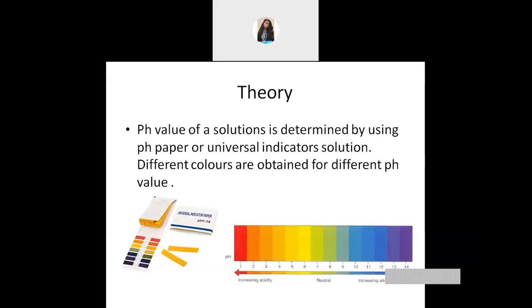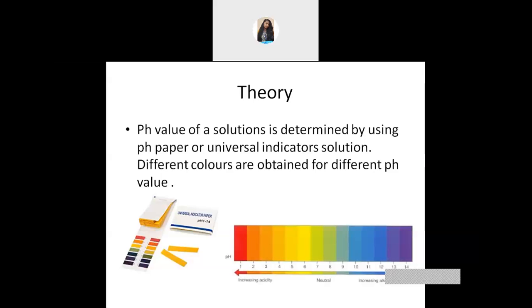When you dip the pH paper in each solution, you will observe that it changes its color. For example, when you dip the pH paper in solution 1, the color can change to red, or it can change to blue.